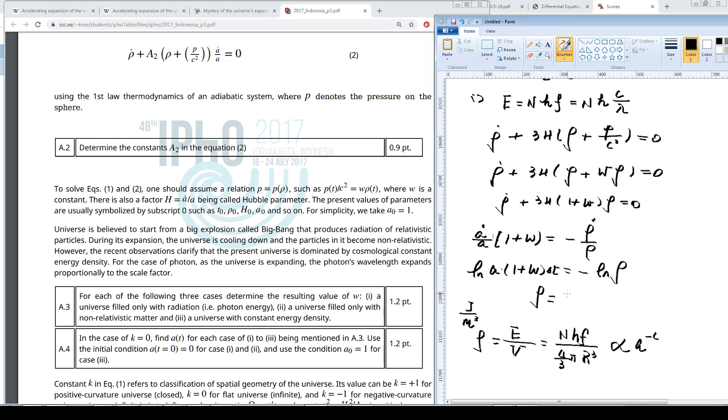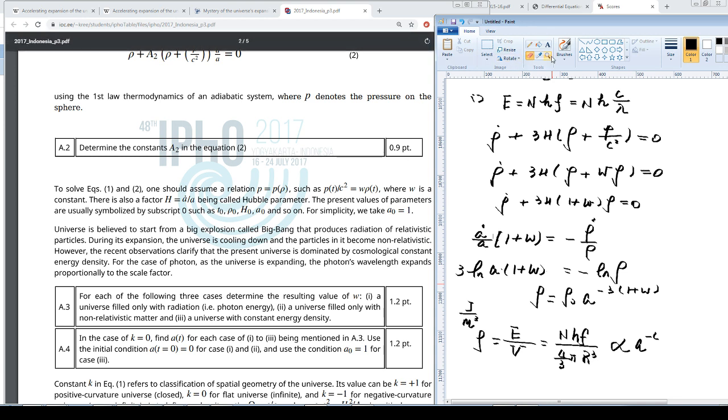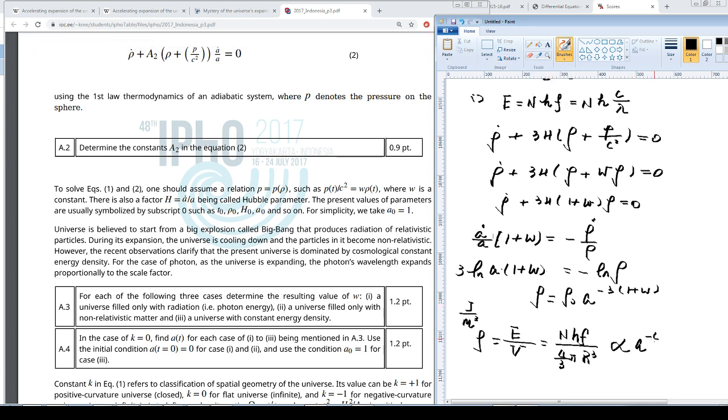So rho is some rho naught a to the negative, there's still a 3, and no t either. Right? Okay, so now we can see this is negative 4. So how can this be negative 4? w must be 1 over 3, yeah.